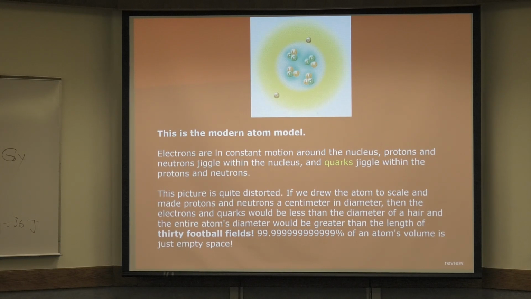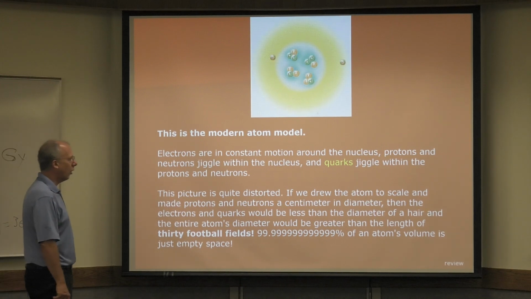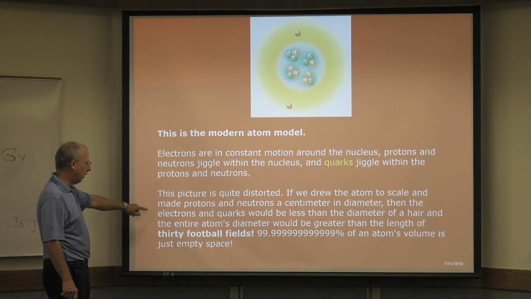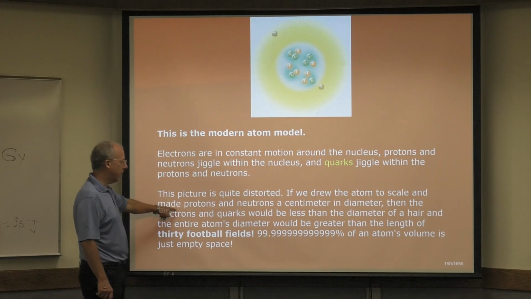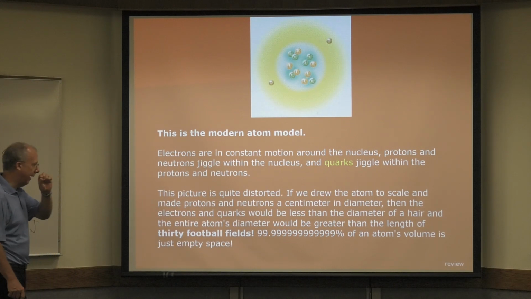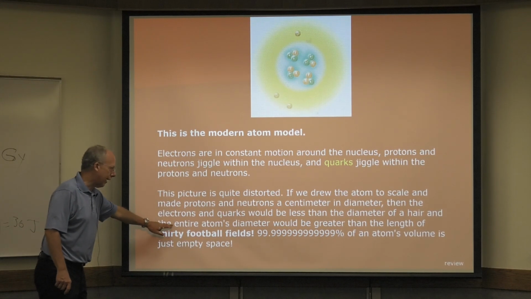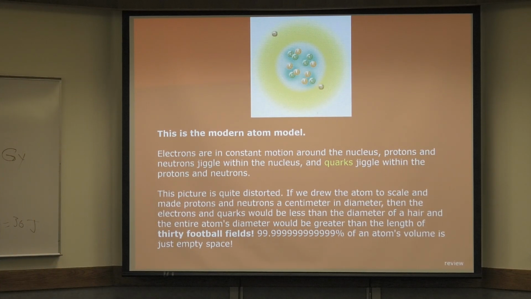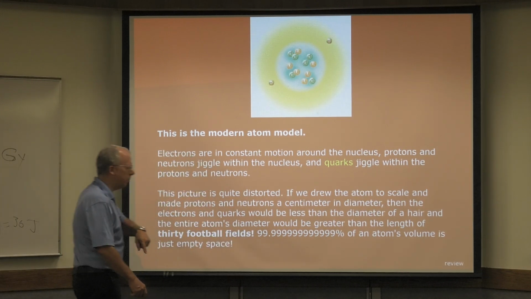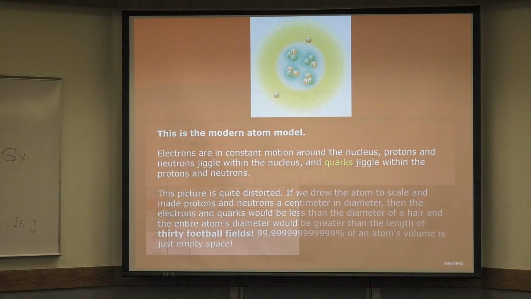Inside the nucleus, the protons and neutrons jiggle and move around, and the quarks move around inside the protons and the neutrons. And don't forget, if you drew the atom to scale, you made protons and neutrons a centimeter in diameter, electrons and quarks less than the diameter of a hair, the atom's diameter greater than 30 football fields. So most of an atom's volume is empty space, which is kind of cool.